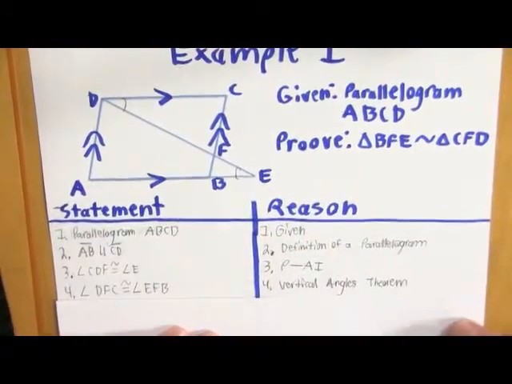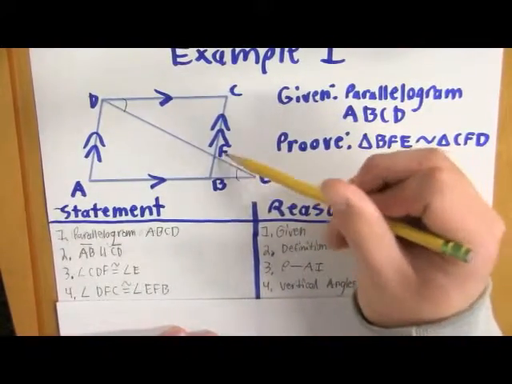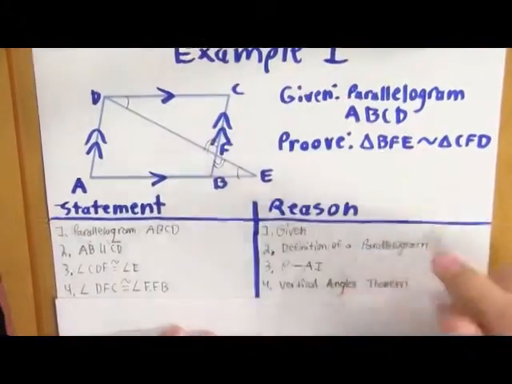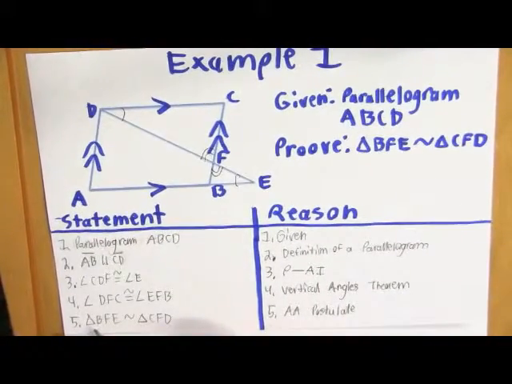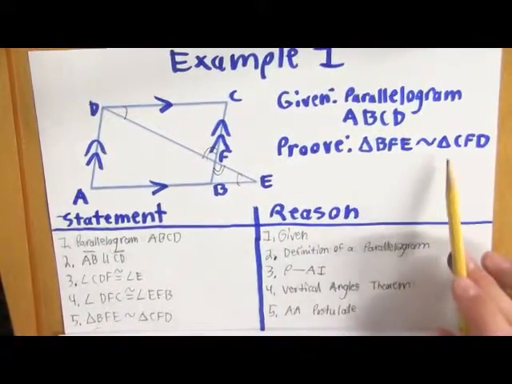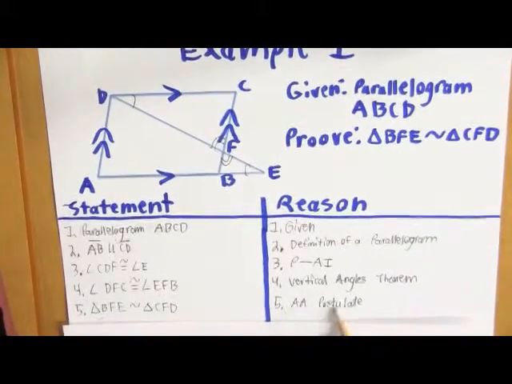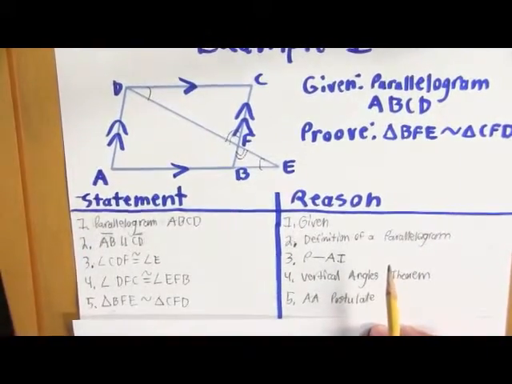Step 4 is to say that angle DFC is congruent to angle EFB. And the reason for this is because of the vertical angles theorem, because here we have vertical angles. And of course the last step is to say that the 2 triangles here, BFE and CFD, are similar to each other, and that's because of, hey, what do you know, the AA postulate. So that's seeing how it is used in action.